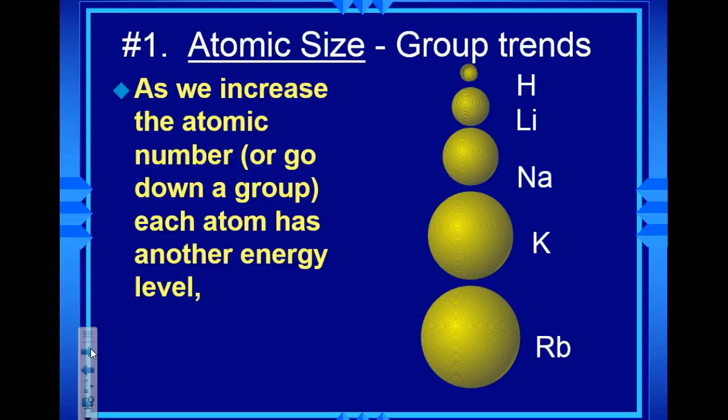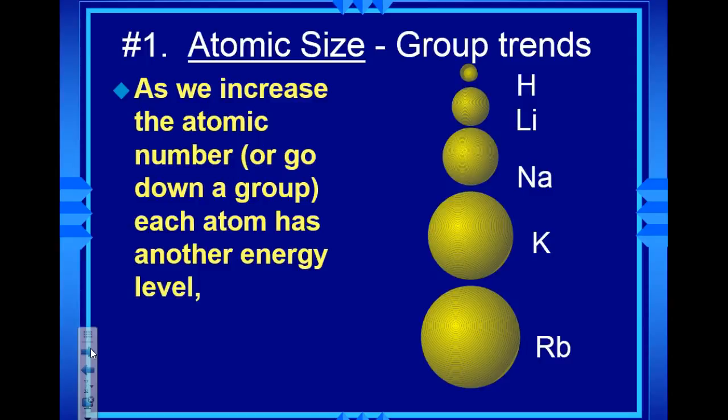For example, if we draw out the Bohr models, starting with hydrogen. Hydrogen has one proton and one electron. Lithium has 3 protons and 3 electrons.